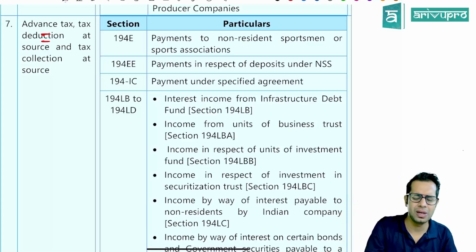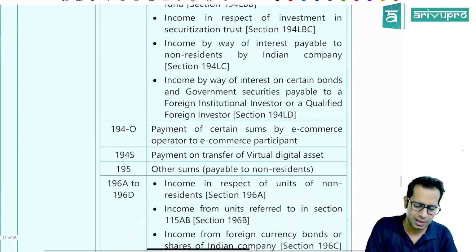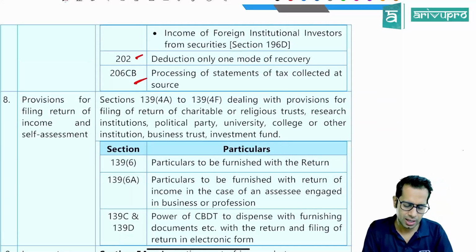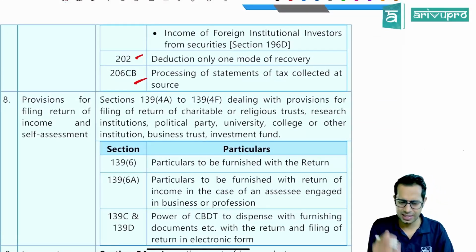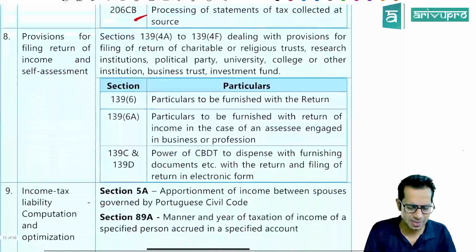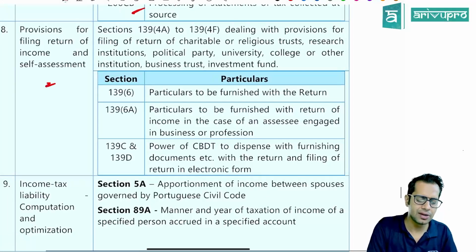They have told you, don't break your head with 194EE, IC, LB, LD, OS, 195, 196A to 196D, 202, 206CB, etc. They are not applicable, and please note, mostly these points we have not discussed in the classroom either. Similarly, in your written filing chapter also, these points were not discussed by us.